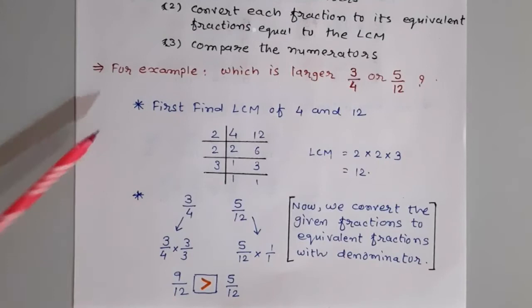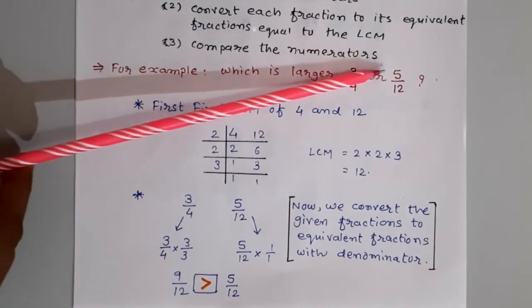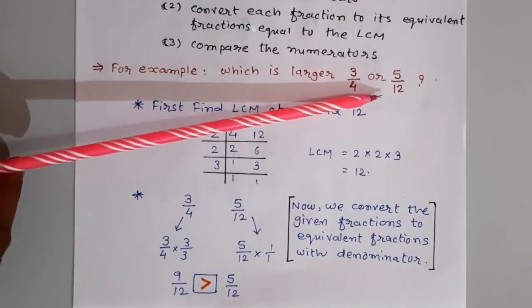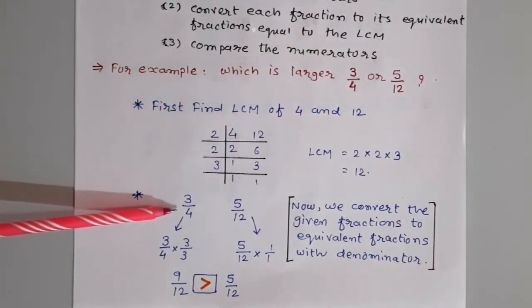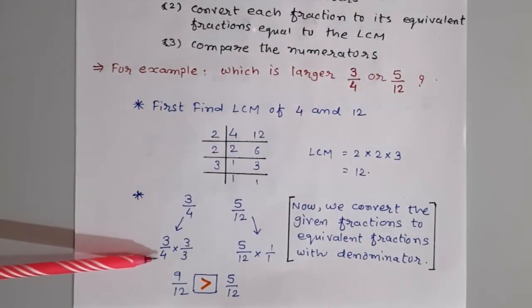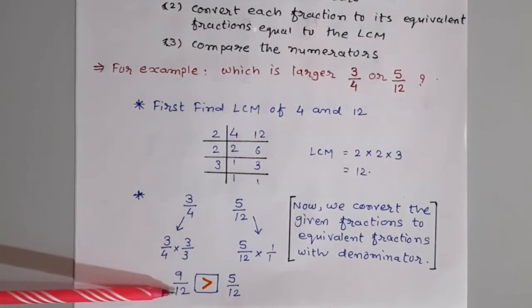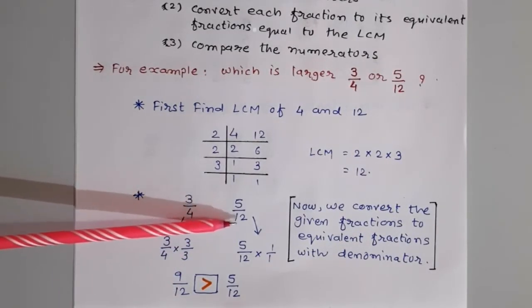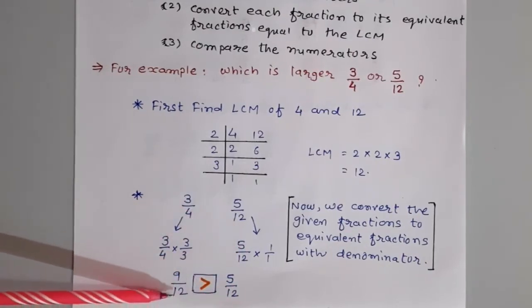Now see carefully, 3 upon 4 and 5 upon 12, these are to be compared. So take 3 upon 4 and see the denominator 4. Now 4 3s are 12, 3 3s are 9, and for 5 upon 12, 12 1s are 12, 5 1s are 5.